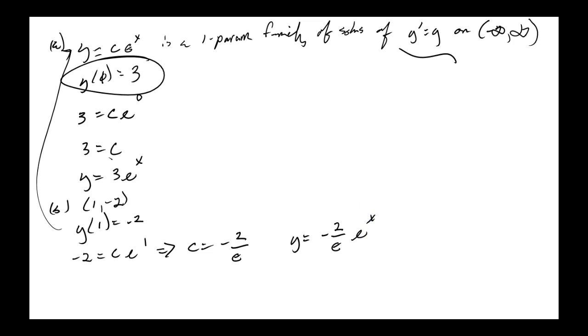Okay? Now that's rather a strange way to write it, so let's write it this way. -2 e to the minus 1 e to the x, which can then be written as -2 e to the x minus 1.